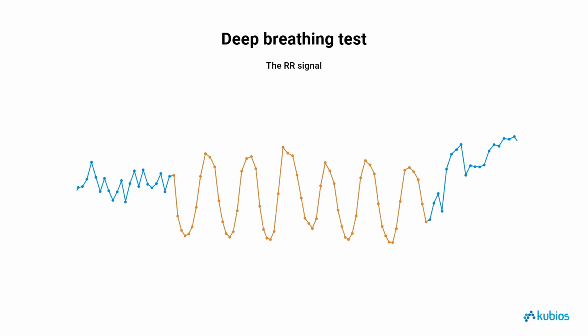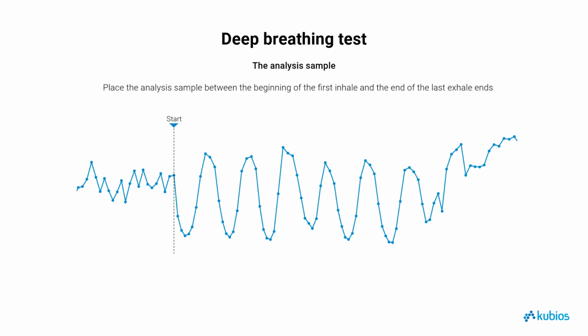As a result, a healthy individual's heart rate shows clear modulations synchronized with the breathing cycle, accelerating during inhalation and decelerating during exhalation. These fluctuations can be easily observed, even through manual pulse palpation at the wrist during deep breathing exercises. Place the analysis sample between the beginning of the first inhale and the end of the last exhale.